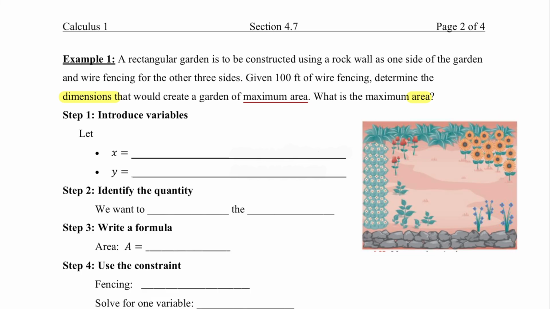Let's start by defining our variables. I let x be the length of this side. Since this is a rectangle, this side is also x. And I let y be the length of this side.